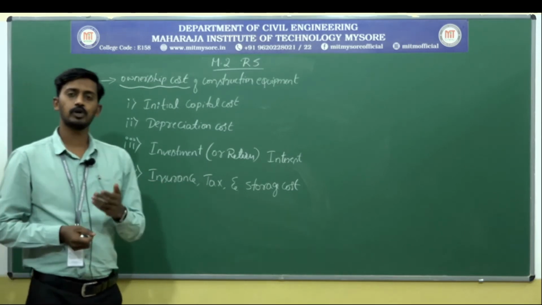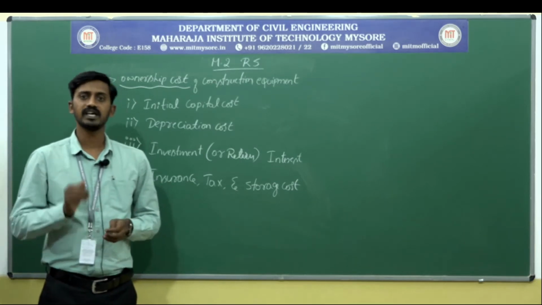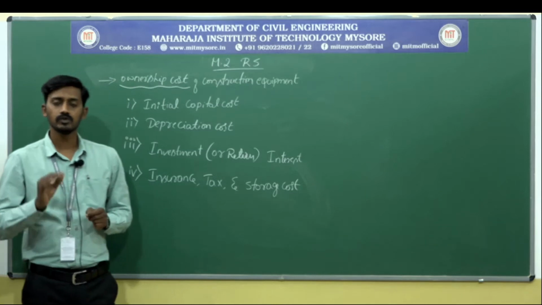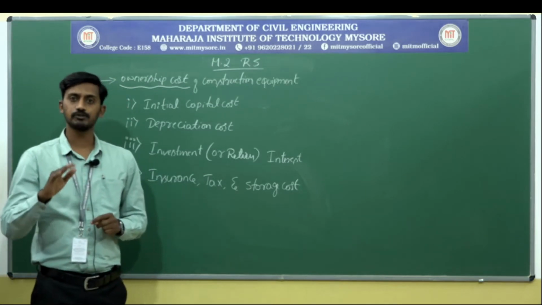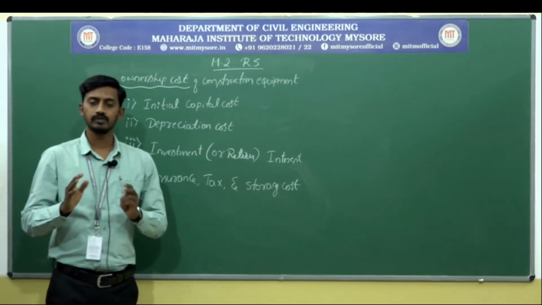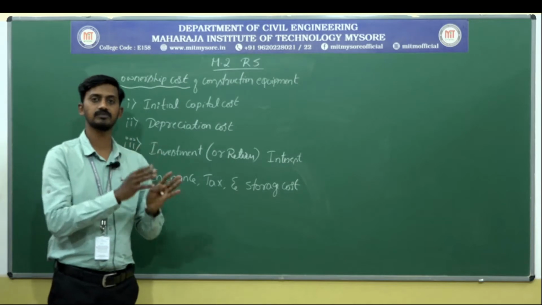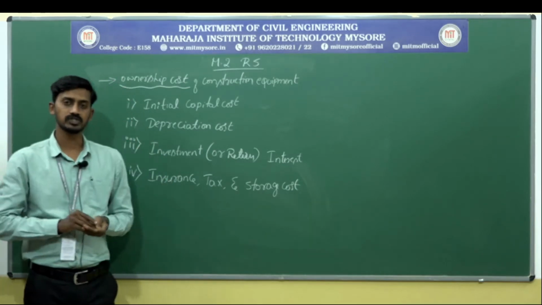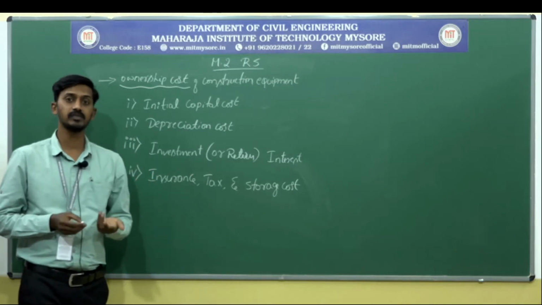Because if you want to buy any equipment, initially we consider only the equipment, isn't it? Or if you want to buy a car, we will be concentrating on purchasing a car or getting the car from the showroom to the house. But in that process, there are certain extra elements involved.